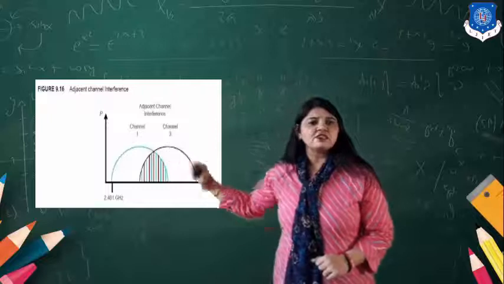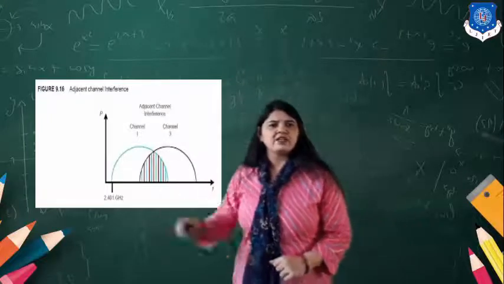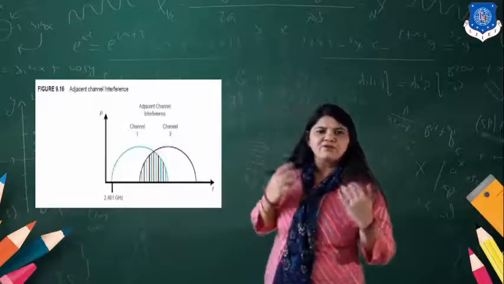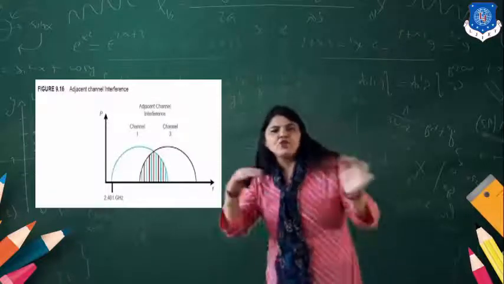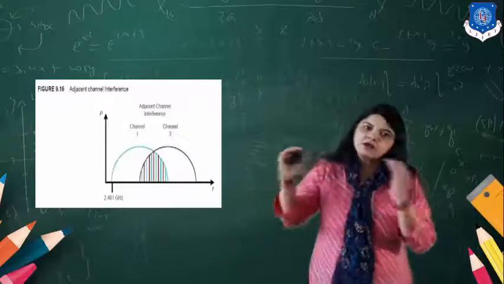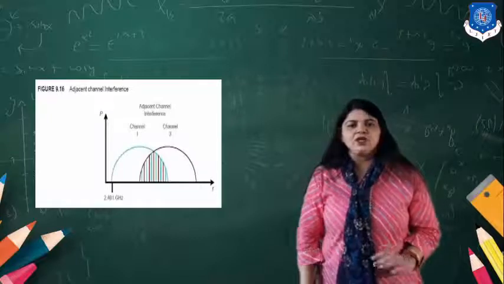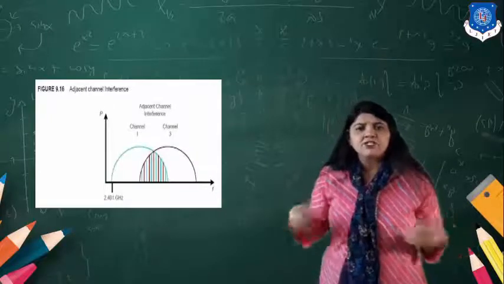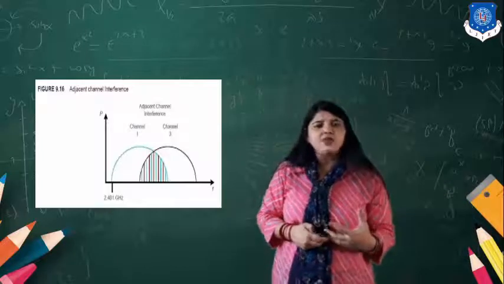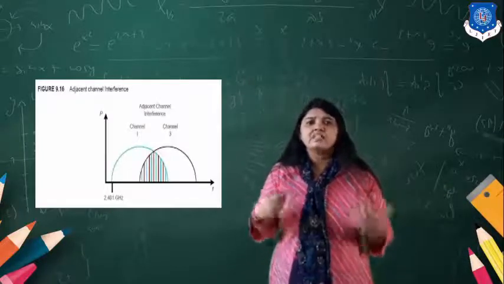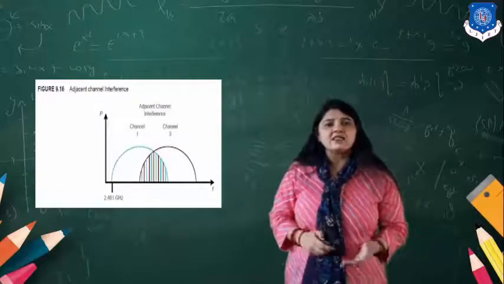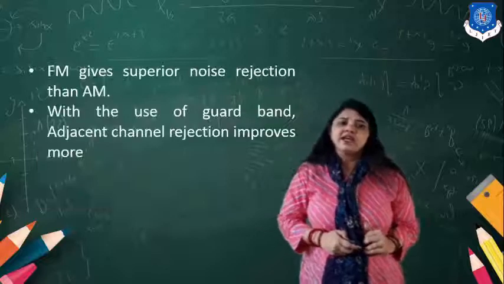You can see that this is channel number 1 and this is channel number 3. The effect of channel number 1 will be observed on channel number 3, and that of channel number 3 on channel number 1. So all the nearby frequencies will affect each other and create disturbance, and that kind of disturbance we call adjacent channel interference.